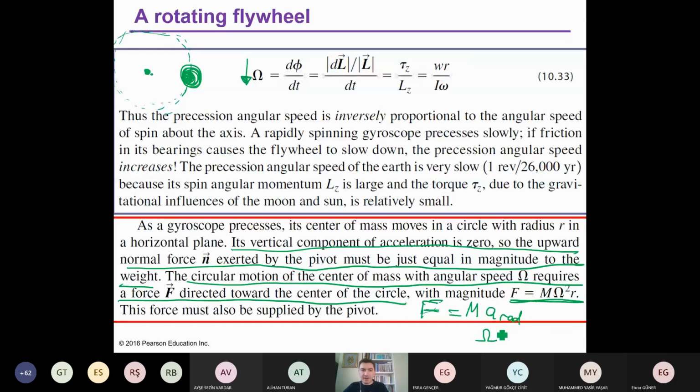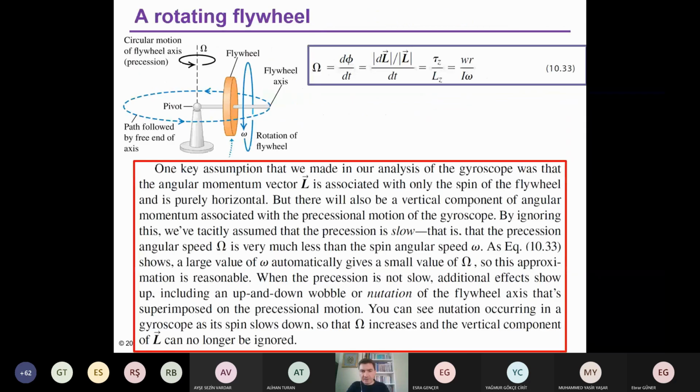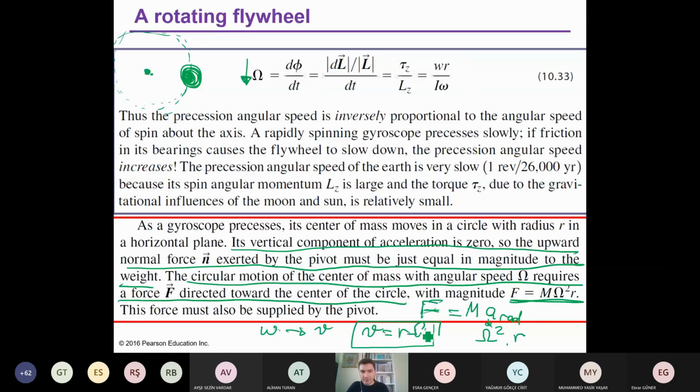Remember the relation between angular speed and velocity. So v is given with R times omega. So here, instead of omega, we have capital Omega.